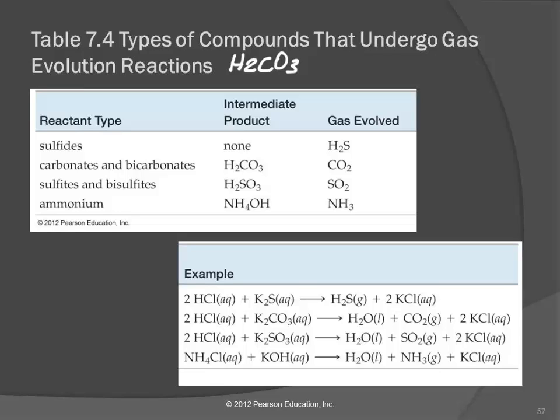Okay. So that's carbonic acid. And so what happens is you get water. So all of these guys, the carbonic acid or the H2CO3, hydrogen carbonate, hydrogen sulfite, and ammonium hydroxide, they all give off water.